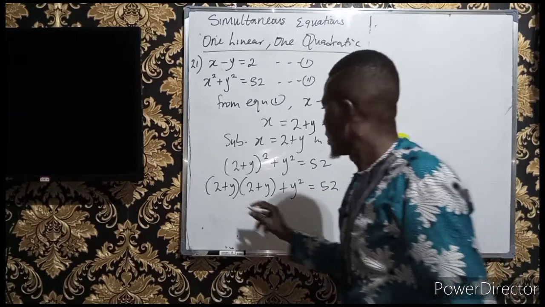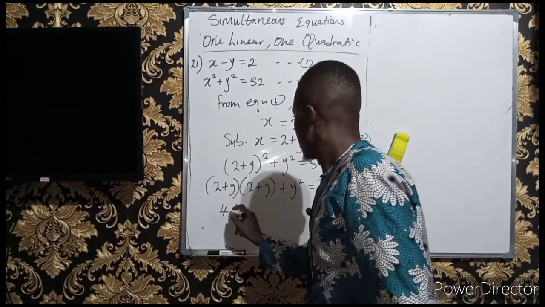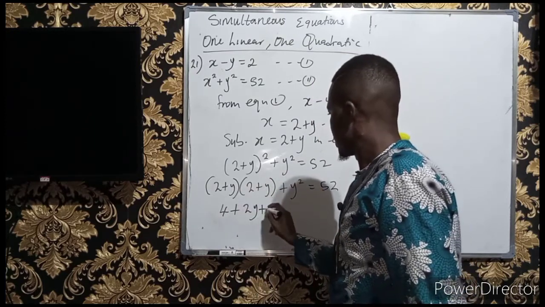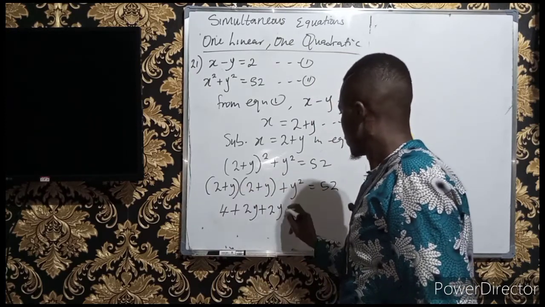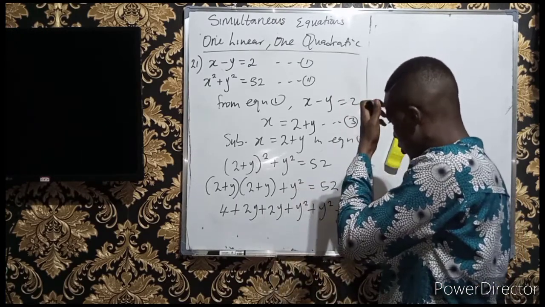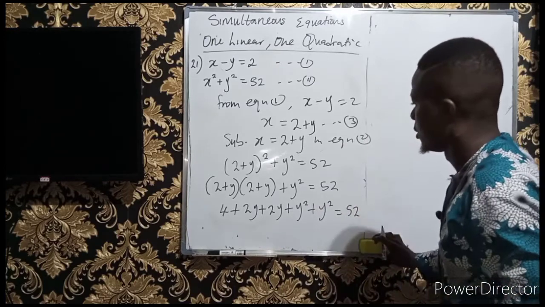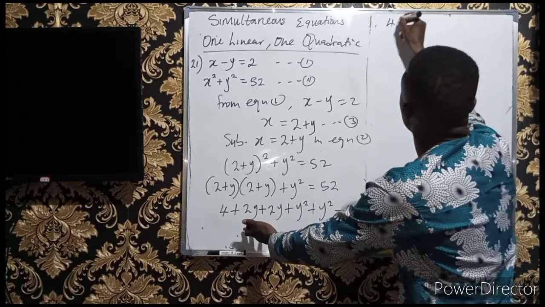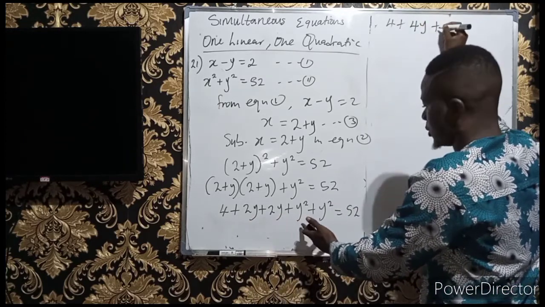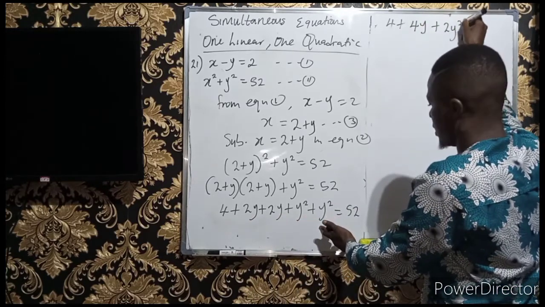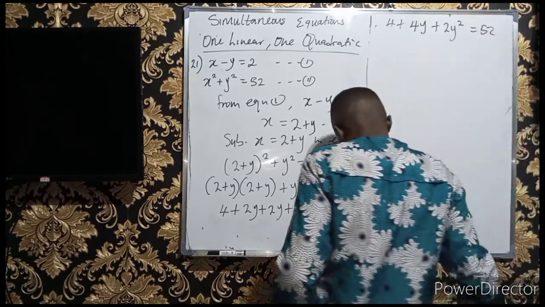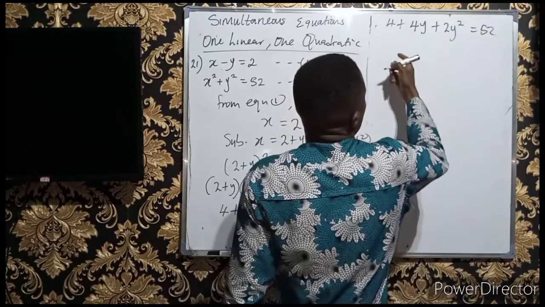I'll open the bracket. I'll have 2 times 2 is 4 plus 2 times y is 2y. Y times 2 is still 2y, and y times y is y squared, plus this y squared that is here equals 52. Now I'll simplify further. I'll have 4 plus 2y plus 2y is 4y plus y squared is 2y squared equals 52. Okay, so from now I have to rearrange.